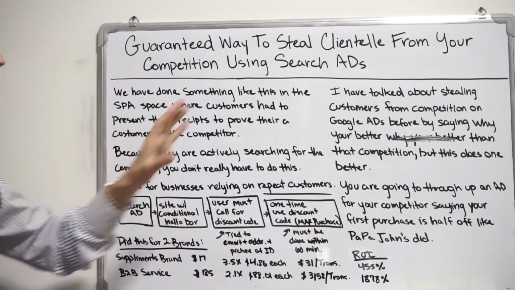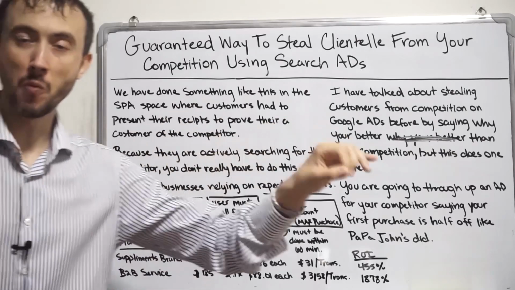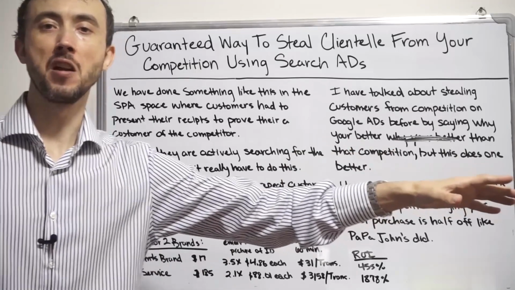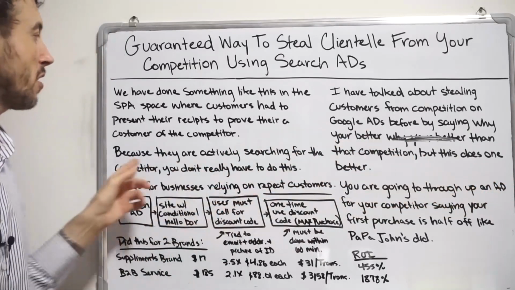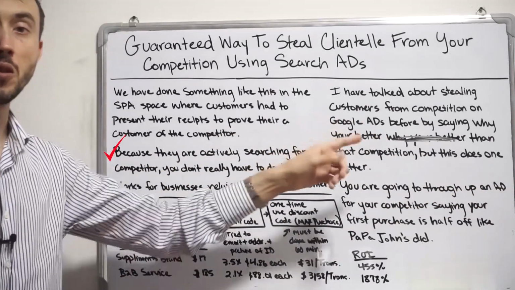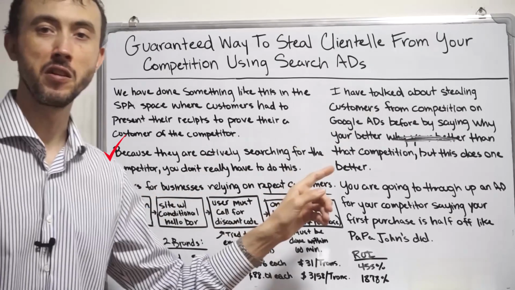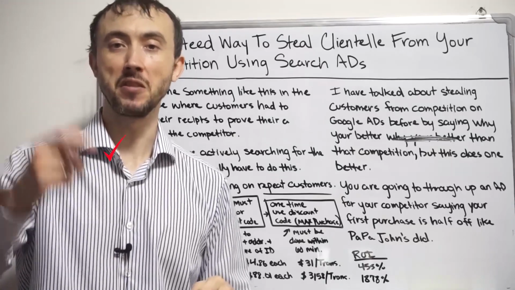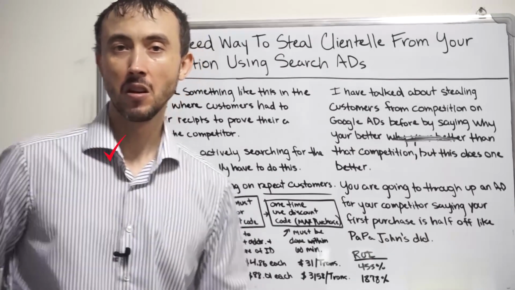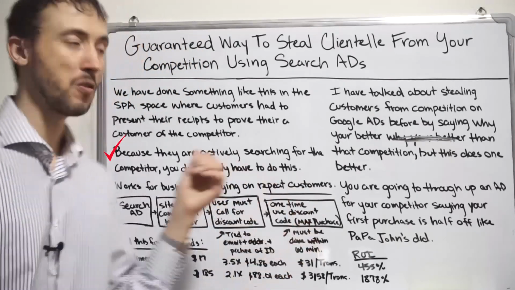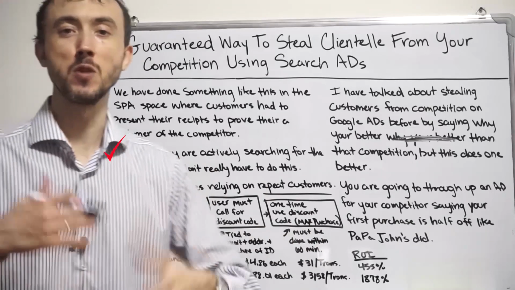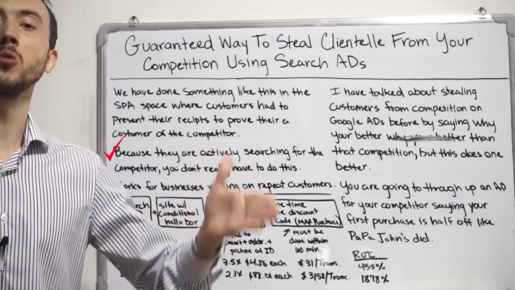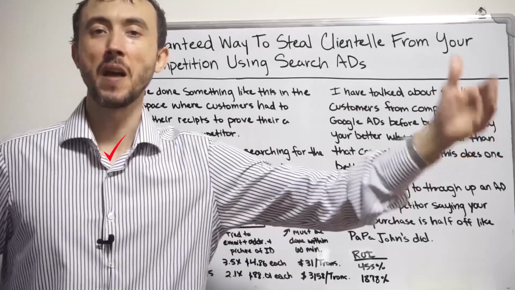With what we're talking about today, because people are actively searching for that competitor on Google search already, we already know that that person's doing business with that competitor. Maybe not every single person is somebody who's coming back for the second or third or 10th time, but most of the people who are searching for that competitor, if we're in a market that has repeat business or repeat customers, we can assume most of those people are good, loyal customers of that competitor already.